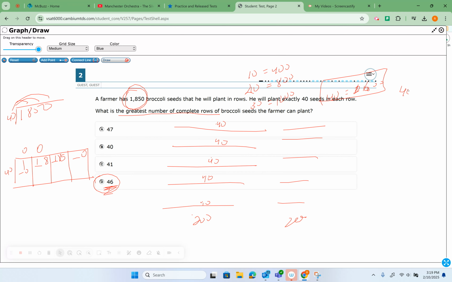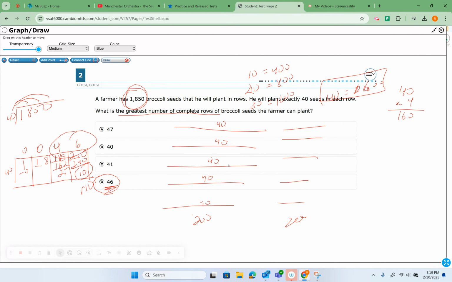That would be what? 40 times 4 would be, let's see here, 160. Yeah, so times 4 is 160, giving me 25. Then get that 2,500. 40 times 6 is 240, giving me what? 10. That's my remainder, 10. So I'm going to do 46. You can do area model.